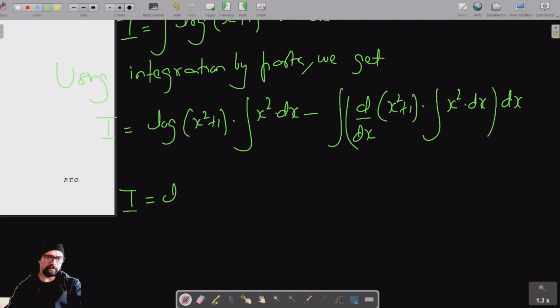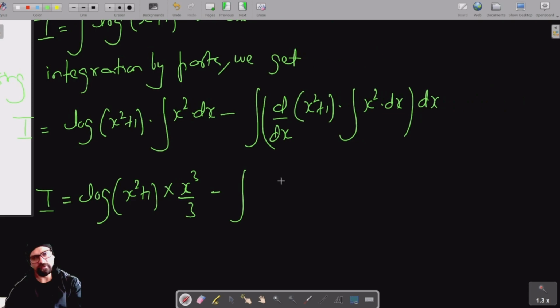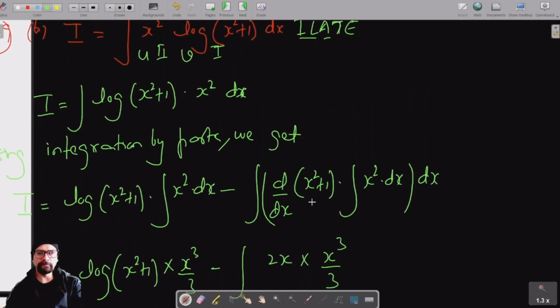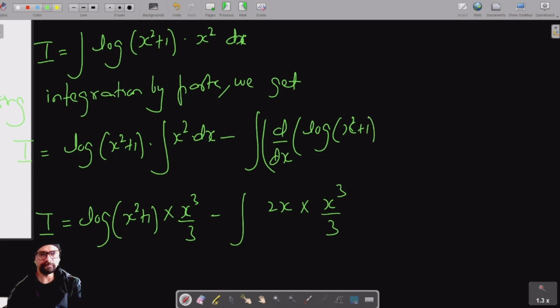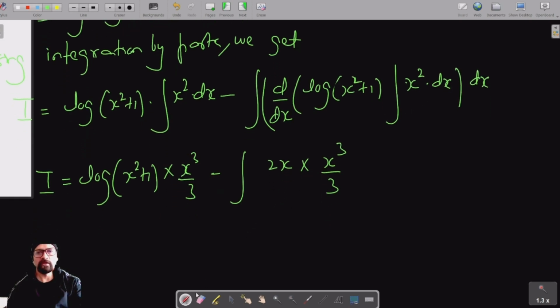Now I is equal to log of x squared plus 1, and integration of x squared is x cubed by 3, minus integration of differentiation of the first function, differentiation of log of x squared plus 1, and integration of x squared into dx.